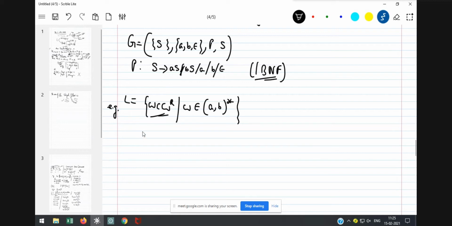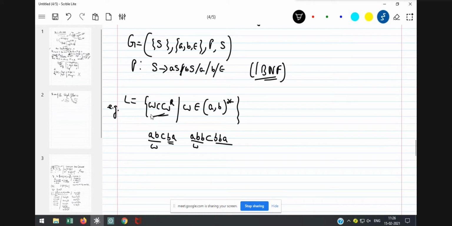This is reverse. So a, b, c: this is W, then the reverse of W is b a. Let me check another: a b b, this is W, this is c, and then the reverse of this W is b b a. This is the concept of this particular language.